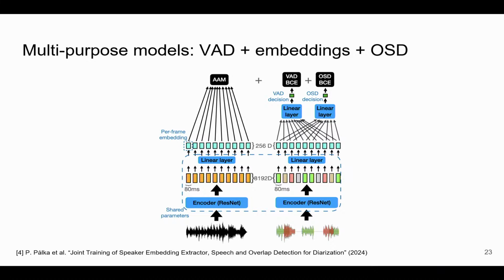So that gives you better granularity, which is good. And the performance can be quite good, so that's eventually what we found. And at the same time that you produce those regular per frame speaker embeddings, you get these representations that you can classify and say, oh, this is speech, this is not, this is overlap, this is not. And then you get the outputs that you would need for the rest of the pipeline.